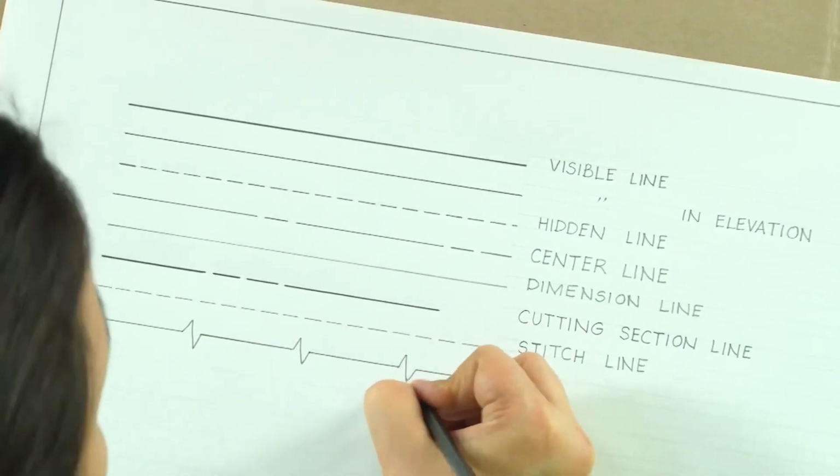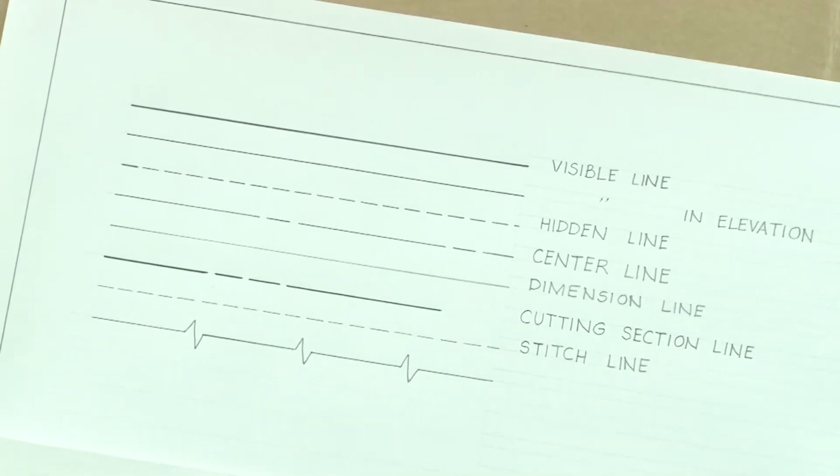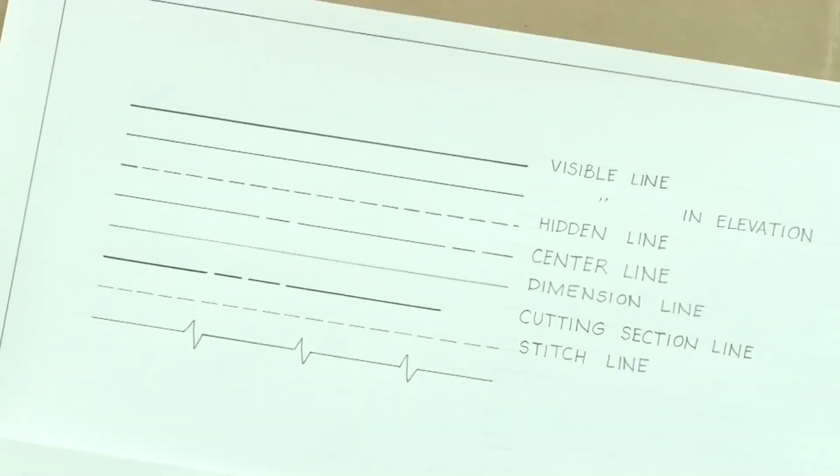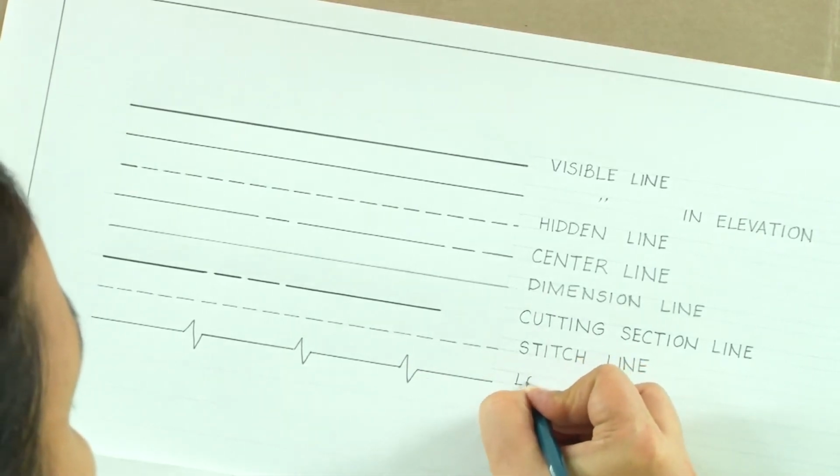Sometimes when a drawing is very huge, we can't probably draw the entire drawing in one sheet. So, we just draw a part of this object, draw a section line and then continue with the remaining part of the object on the next sheet. So, this is a long break line.